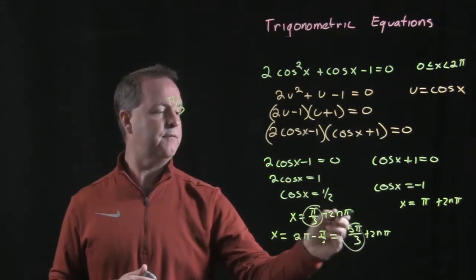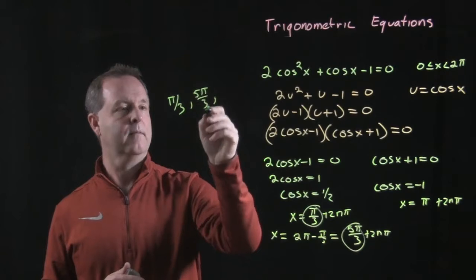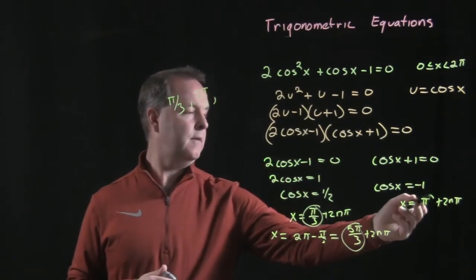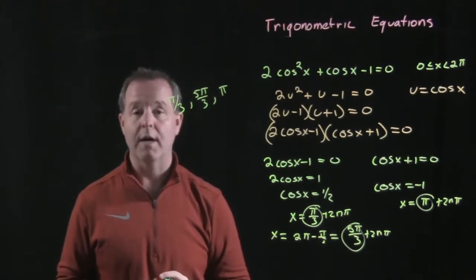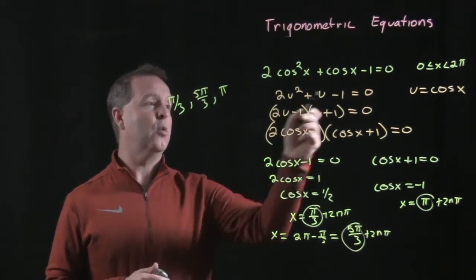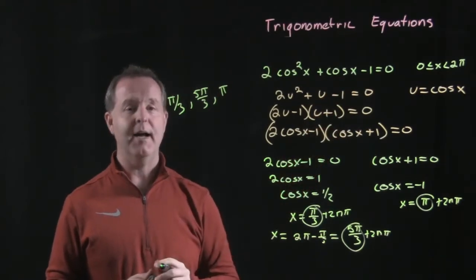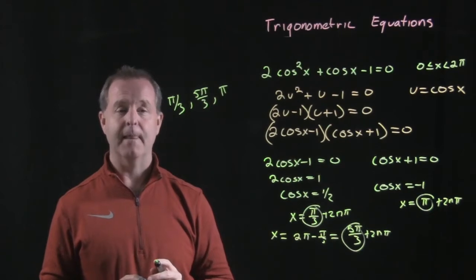My other solution is 5 pi thirds. And my last solution over here is pi. And so this particular quadratic trigonometric equation has 3 solutions within the interval from 0 to 2 pi. Solutions are at pi thirds, 5 pi thirds, and pi.